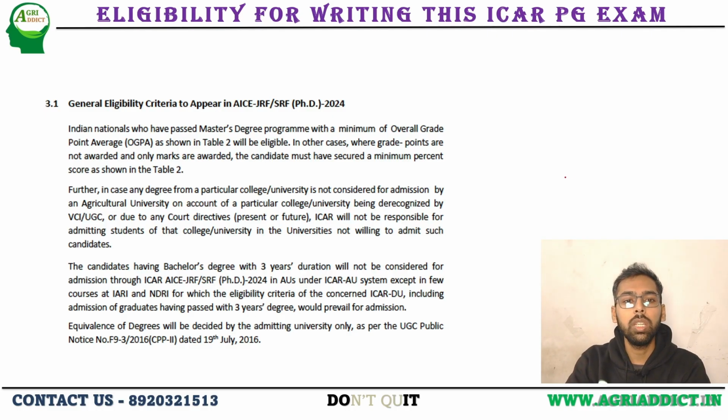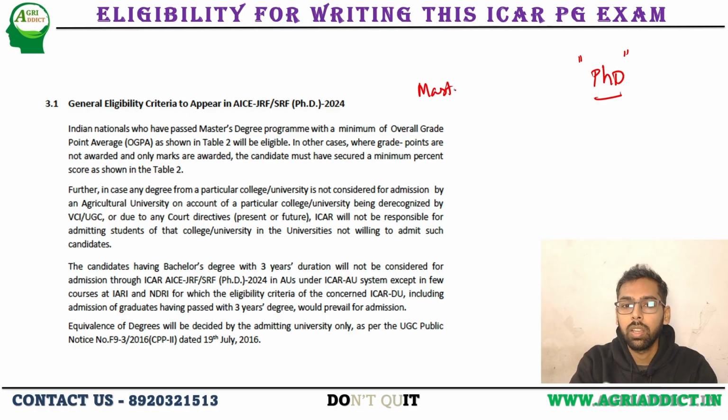So coming to the eligibility. Since this is the examination where you will be getting into the PhD program, you need to have a master's degree where your OGPA should be more than 6.5. And then you need to have a BSc degree with 4 years.